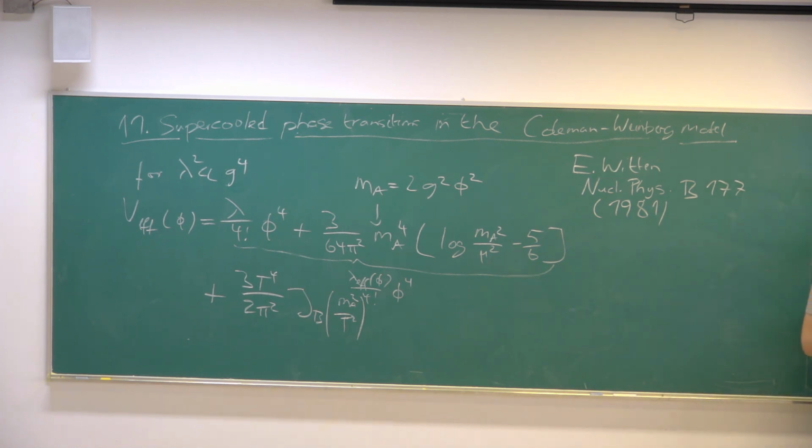But now you see this doesn't depend on the field, so we can already forget about this term. It's just a constant term times T to the 4, so this doesn't give any non-trivial contribution to the potential. And I will also neglect this term here, because of these so-called daisy corrections that I didn't really have time to discuss, but they essentially make this term less effective than it seems at first.